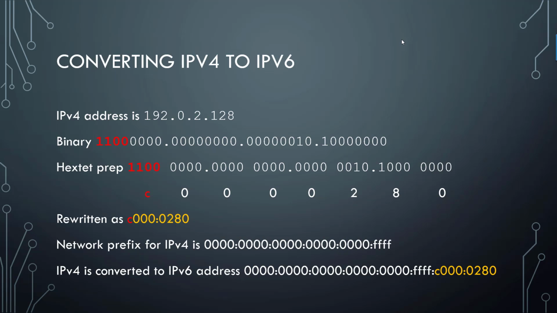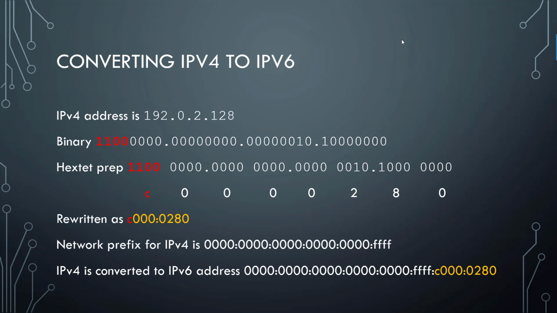You can see here that the 192 octet is turned into a 11000000 binary representation. But when we convert it to a hextet, we have to break that block in half, and that gives us a 1100, which gives us a C, which is 12.